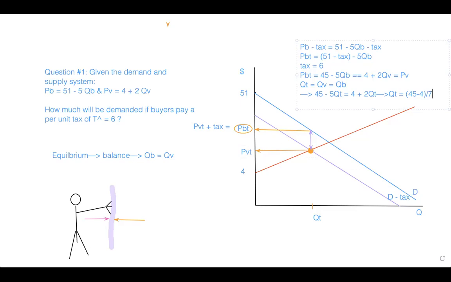Yeah. Okay. So that's 41 divided by 7. I'm doing it on my calculator right now. And so, if we do it in decimal terms, I get 5.857142. Okay.